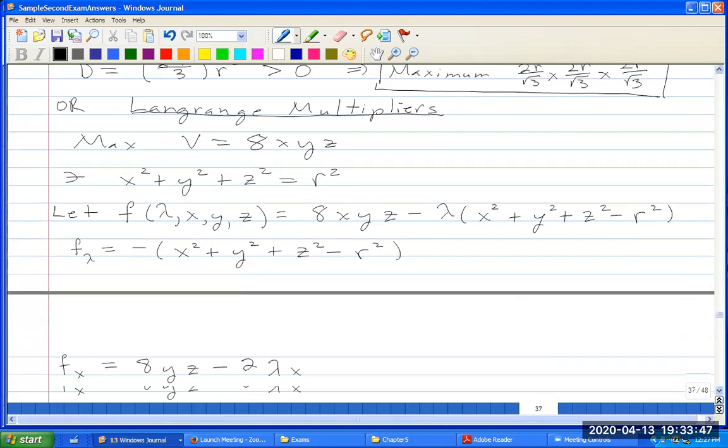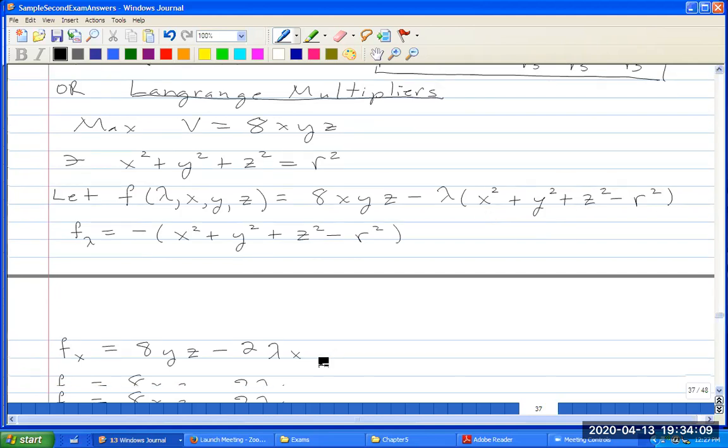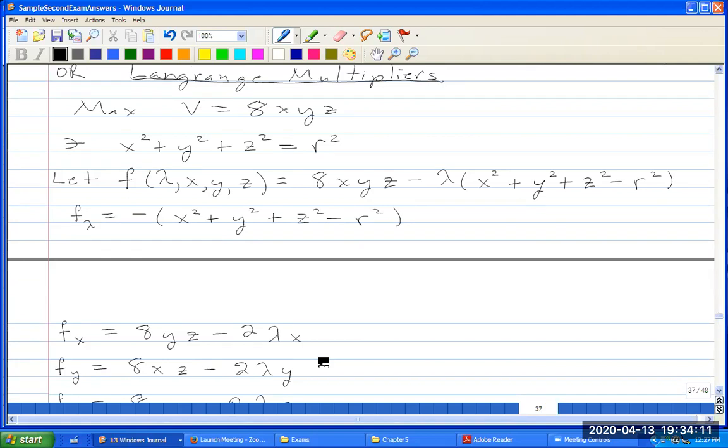And so the partial of F with respect to lambda is just minus 1 times x squared plus y squared plus z squared minus r squared. The partial with respect to x is 8yz minus lambda times the derivative of what's inside, 2x. The partial of F with respect to y is 8xz minus lambda times 2y.